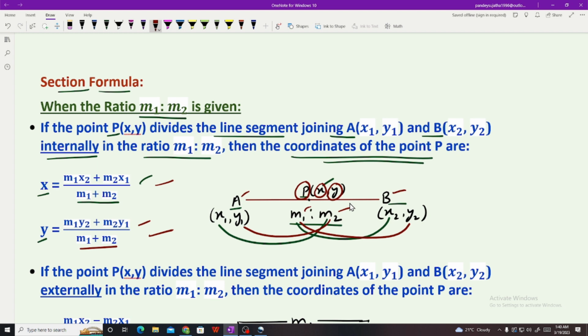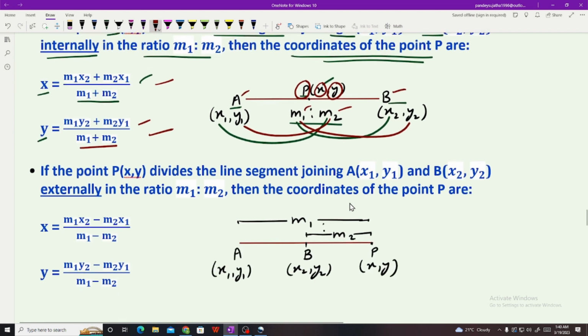So now the next point is, if the point P divides the line segment joining the 2 points A and B externally in the ratio m1 is to m2. This point P is dividing this line segment AB externally. So the line segment AB is divided by this point P externally in the ratio m1 is to m2.